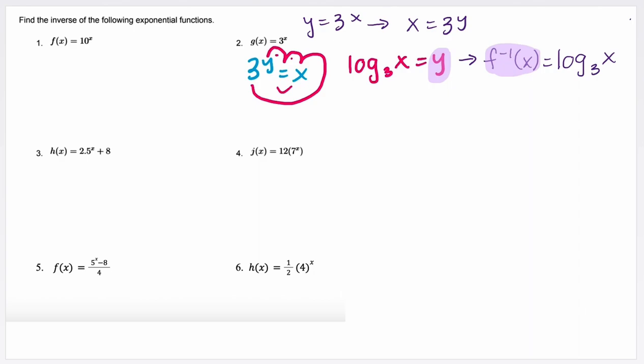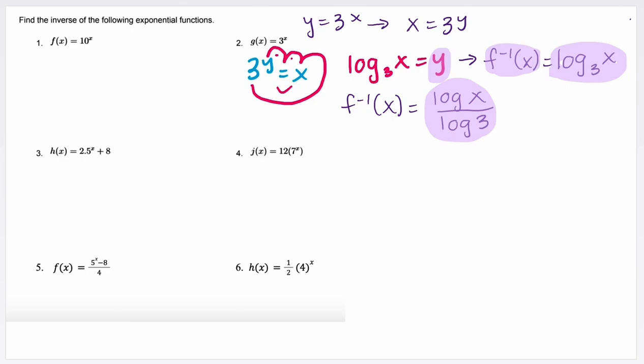Now, just kind of relating this back to change of base, this is a perfectly fine answer, but as a multiple choice, you could see it written using the change of base, where it would be the common log, so log of x divided by log of 3. So technically, this is the same thing as this. So just being able to recognize that if it was a multiple choice question.